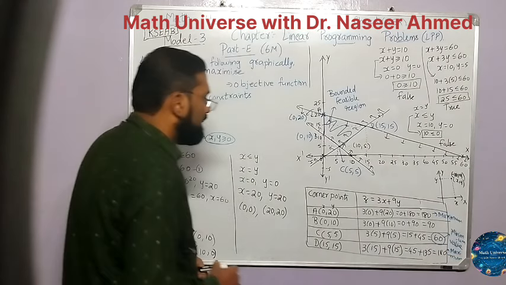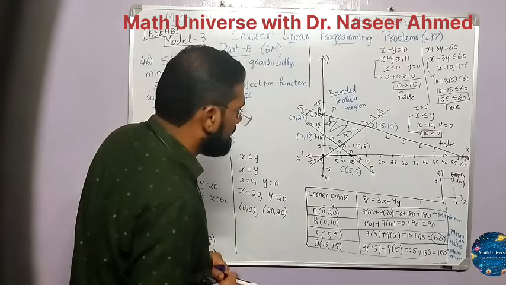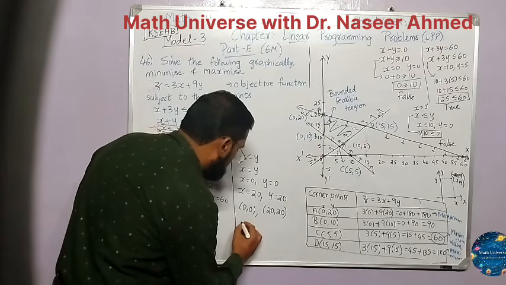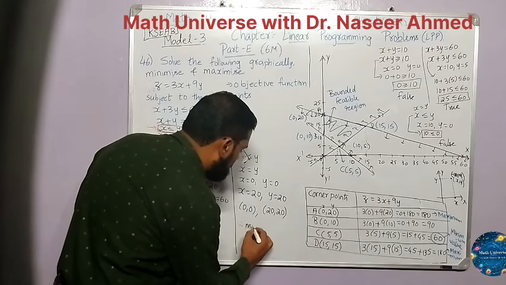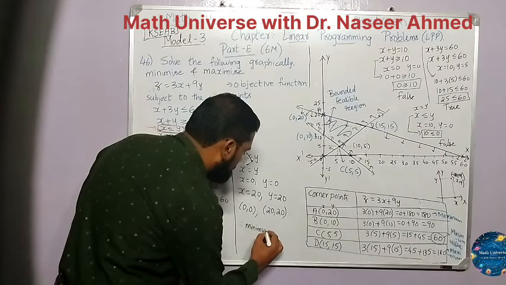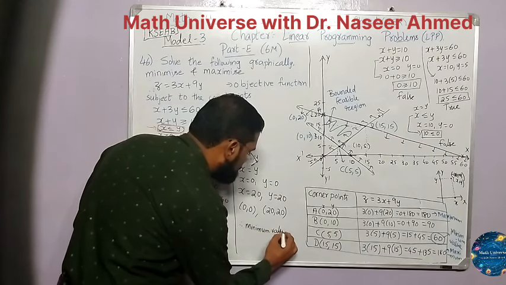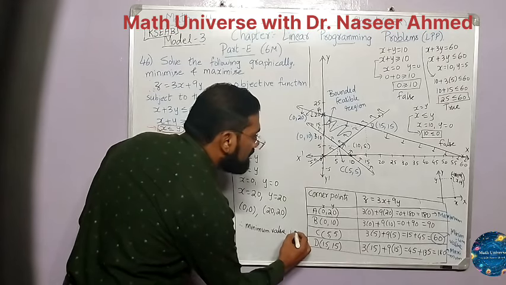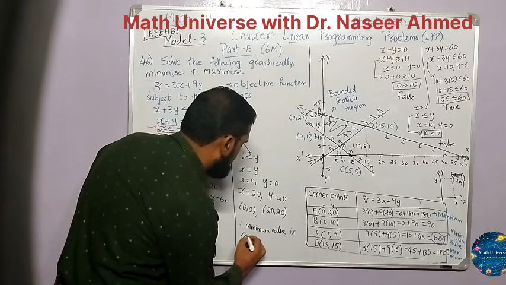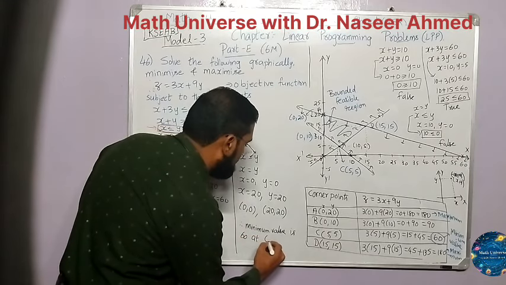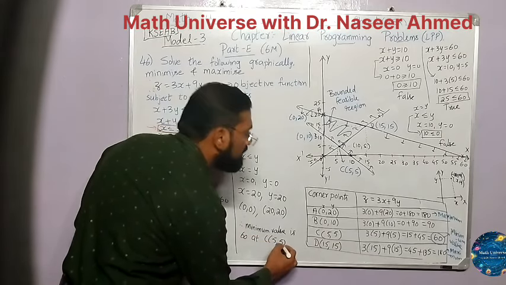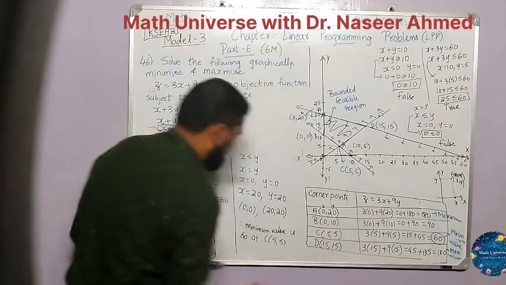Let's conclude here. Therefore, the minimum value is 60 at the corner point C, 5 comma 5. That's what we can see here, 60 at 5 comma 5.